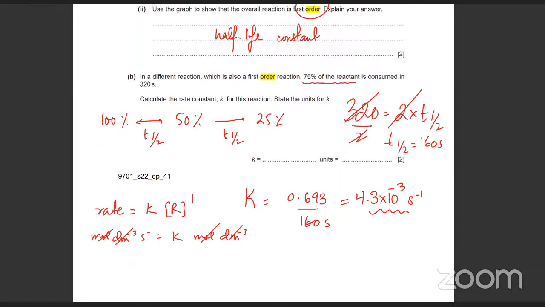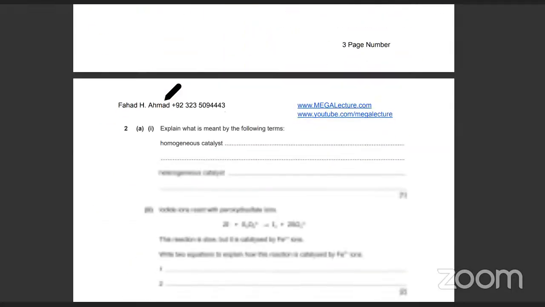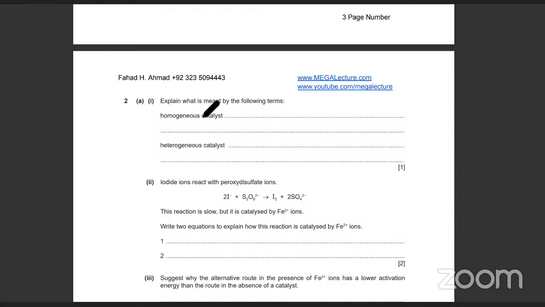The next part. Now the next question: what's a homogeneous catalyst? The reactant and catalyst are in the same state or phase. A heterogeneous catalyst is in a different state.